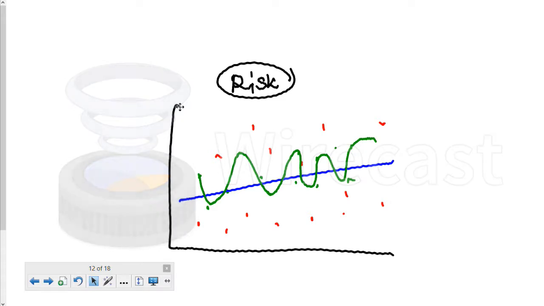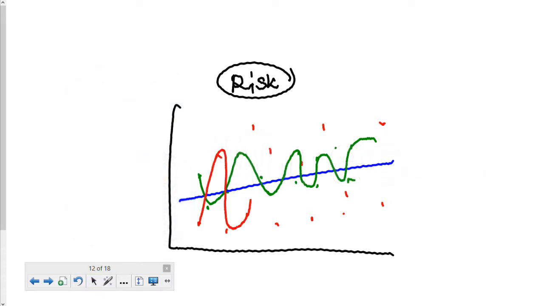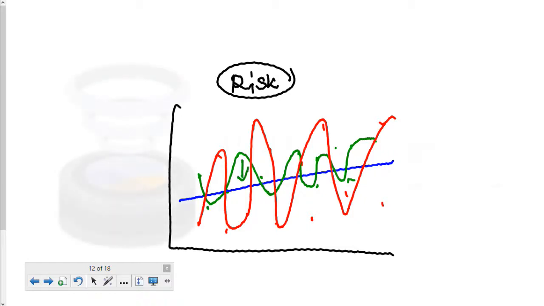And if I look at what's happening with the red, I'm going like this. Do you agree? Okay, so the mean, the middle, is still going through as the blue. Risk measures how much my actual results differ from the average.